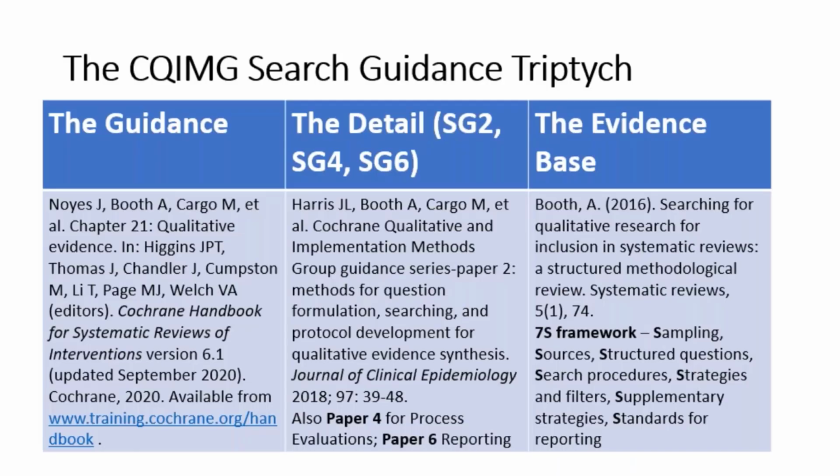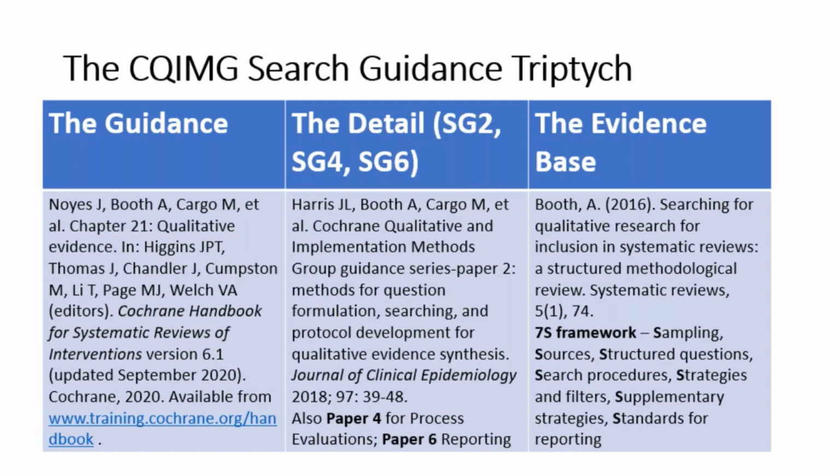When we're talking about guidance for searching for qualitative evidence, we're actually talking about three related sets of documents. On the left-hand side here, we have the primary source, chapter 21 of the Cochrane Handbook on qualitative evidence, and that covers the whole review process, and within that there is a section that I will highlight specifically on the search process.